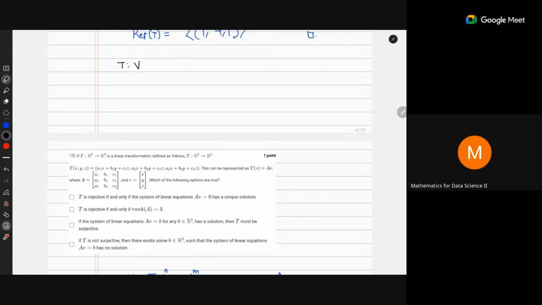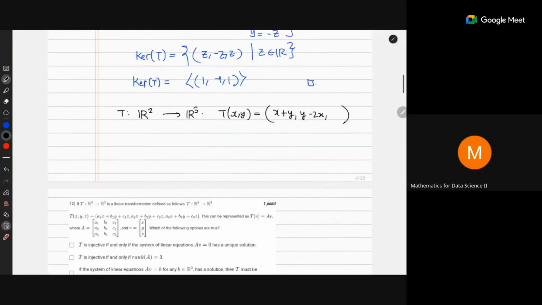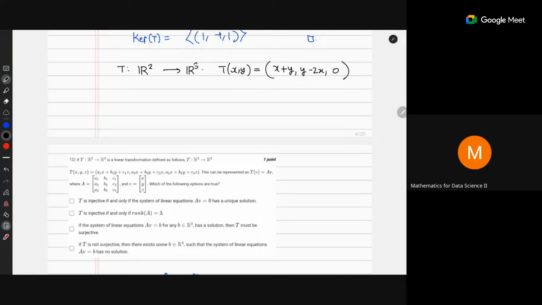So let's take this map from R2 to R3. Think of T(x, y) equal to (x + y, y - 2x, 0).